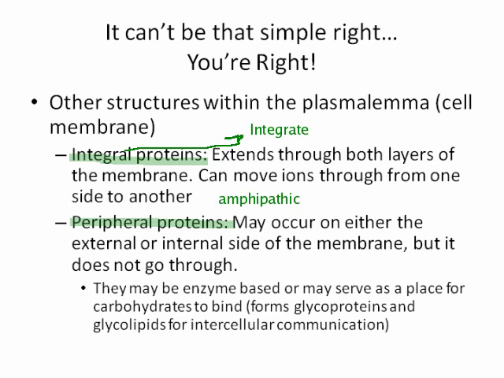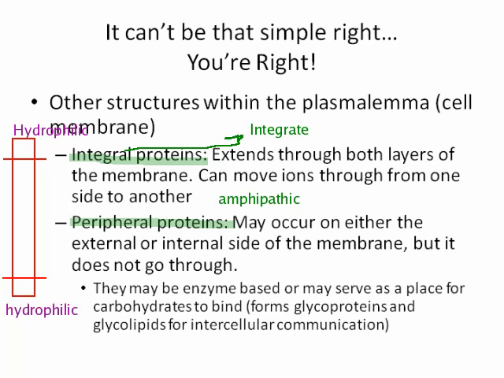And amphipathic simply means that the structure that you're dealing with, in this case, an integral protein, contains, check this out, 3 distinct regions. It contains a hydrophilic region here and a hydrophilic region there.